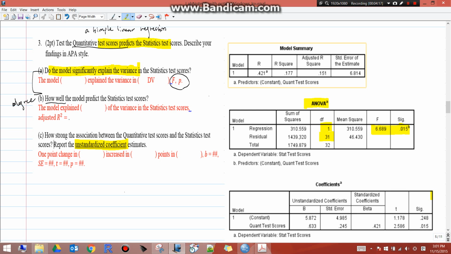And then how well does the model predict the statistics test scores? It's about the kind of effect size or degree of how your model fits the data, right? So we learned about effect sizes, and the common effect size in regression analysis is R squared. We talked about how R squared is a little bit biased because if we have more parameters, usually R squared goes up.